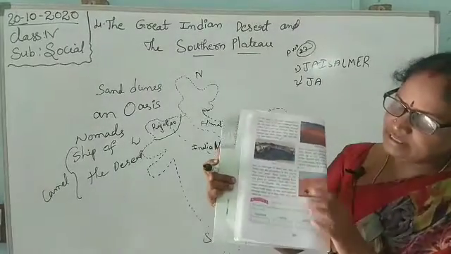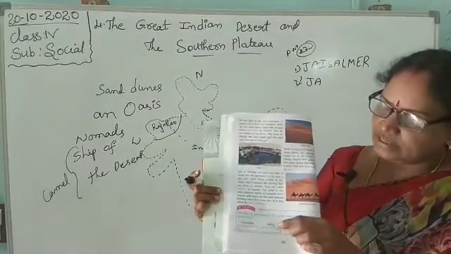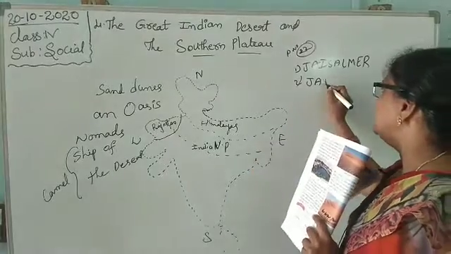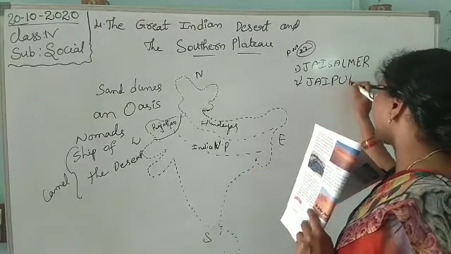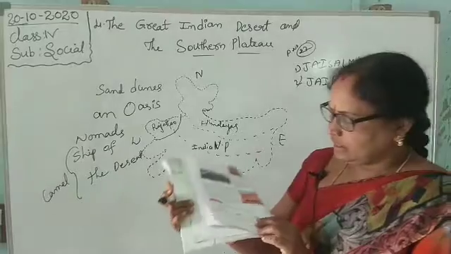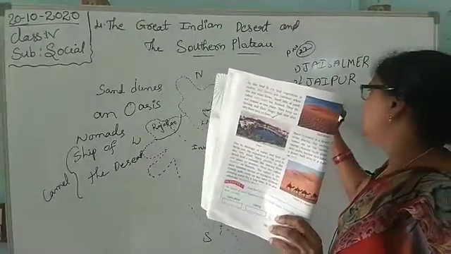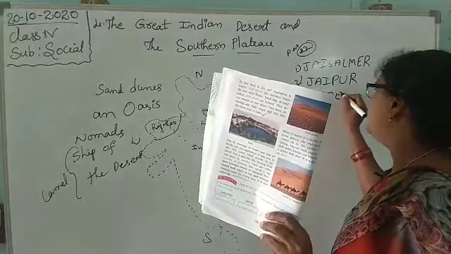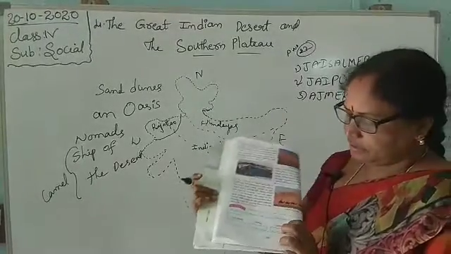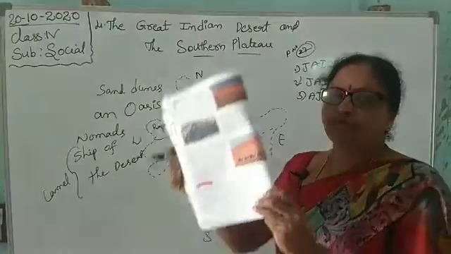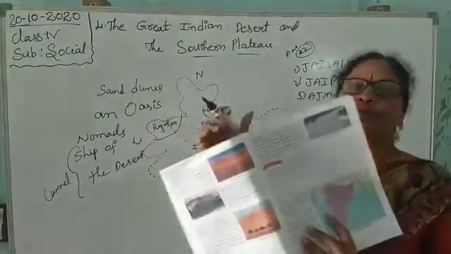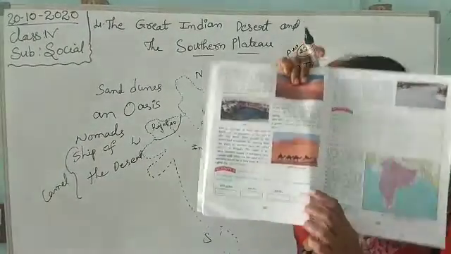The second one also has jumbled letters, and if we correct it, it is Jaipur. The third one is Ajmer. If you have books, you can copy, children. And the fourth one is Jodhpur.